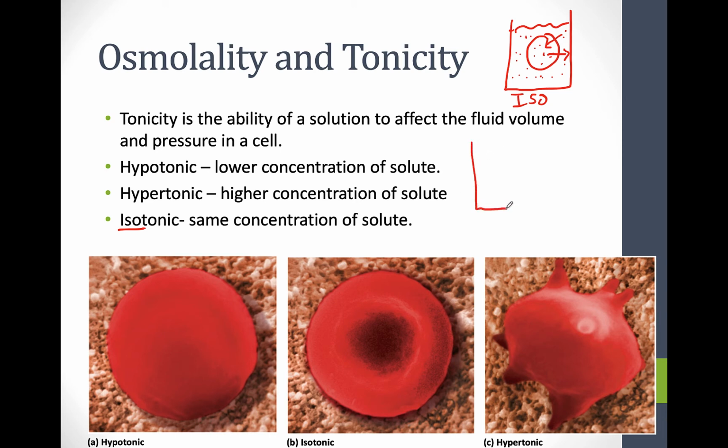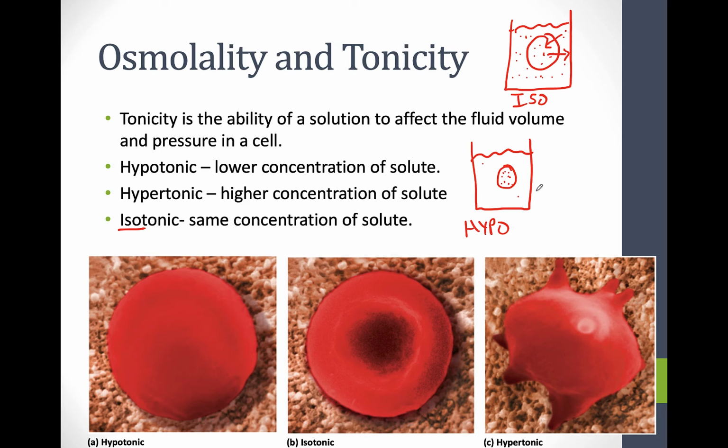All right, let's look at our example in a hypotonic solution. So here's my same beaker, here's my same blood cell. Hypotonic, my cell's gonna have stuff in it. Hypotonic might be something like distilled water. And in this situation, the cell has a higher concentration of solutes than the surrounding water.